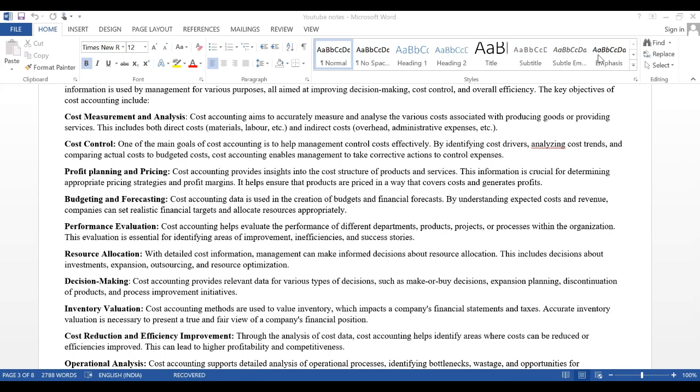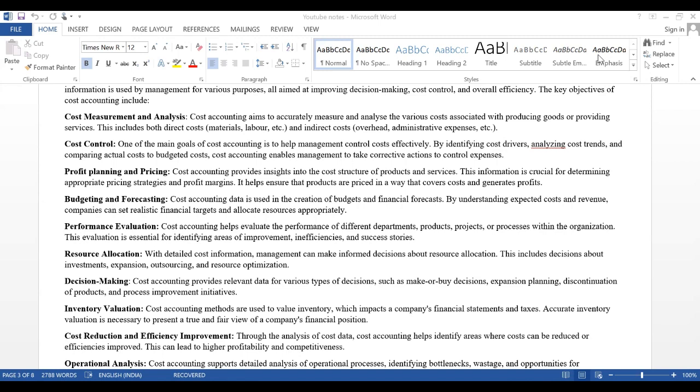Cost accounting, definitely, we will study that also. It will help you evaluate the inventory accurately. There are many methods. In coming videos, we will see how to evaluate this, how to prepare the store ledger, how to maintain the stock level. So these things will help through your cost accounting.